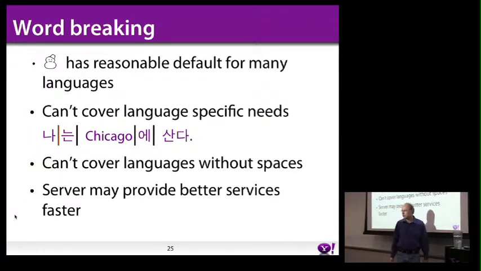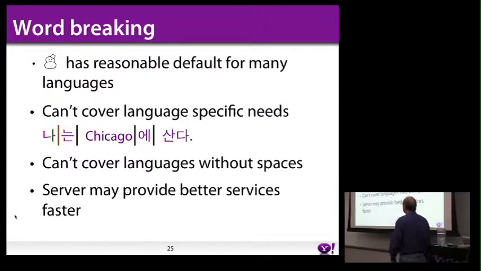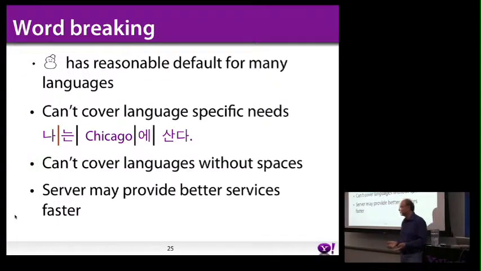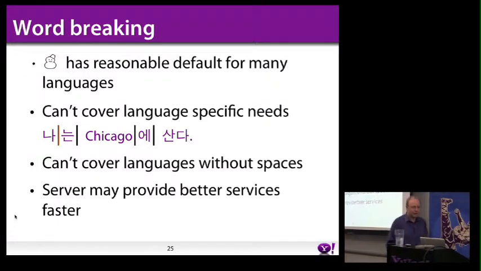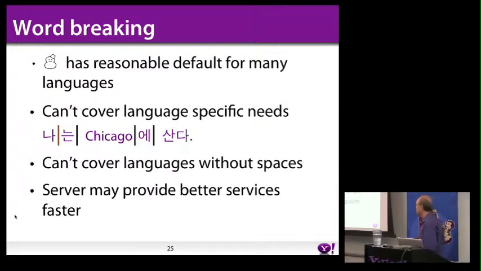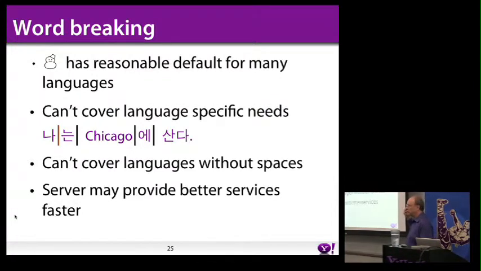And that is something that you cannot do with simple regular expressions. You would have to know that this is a particle, because the same character can show up in other situations where it's just part of the word. So if you don't understand the sentence to some extent, you cannot get it right. The other bigger problem is you cannot cover languages without spaces at all.